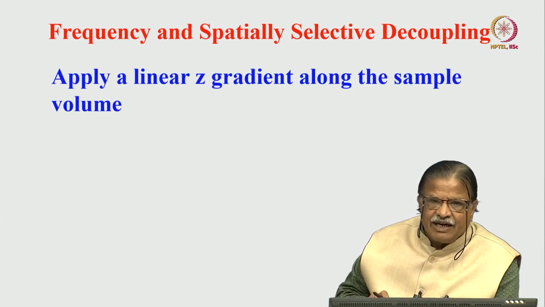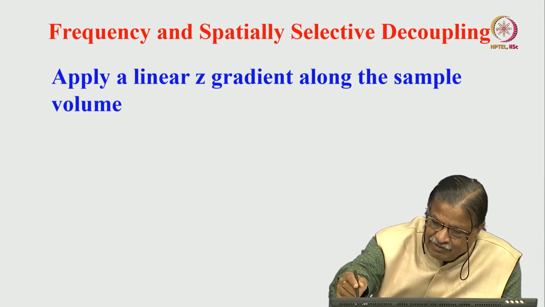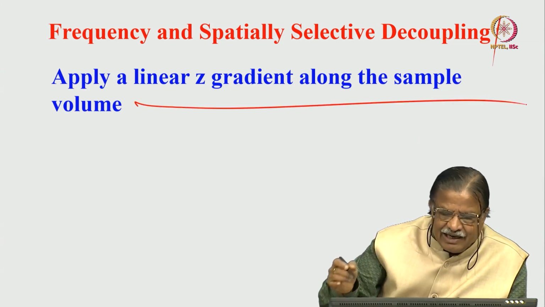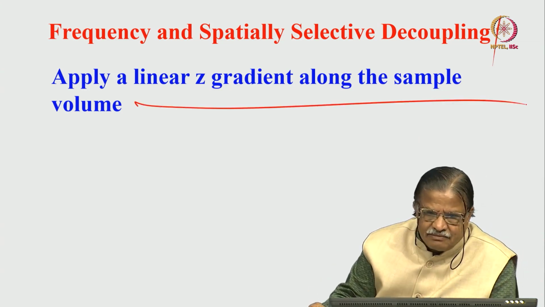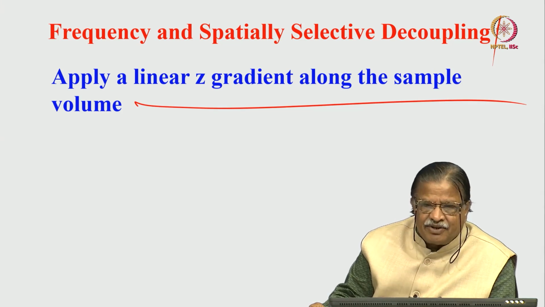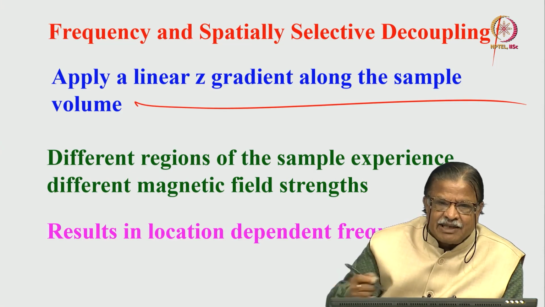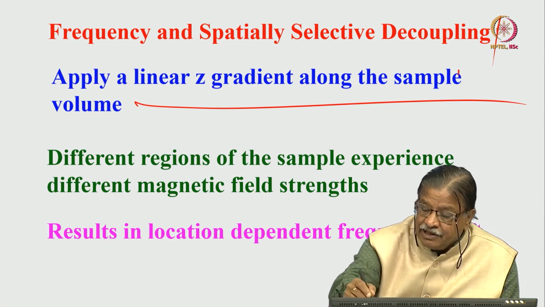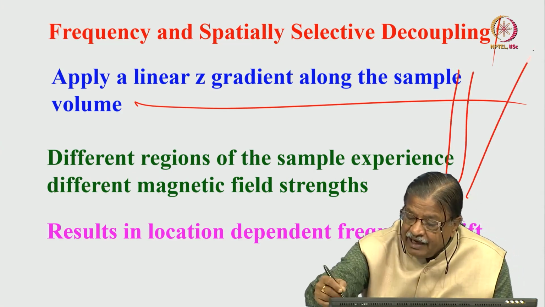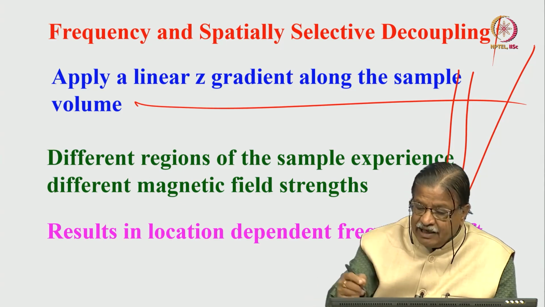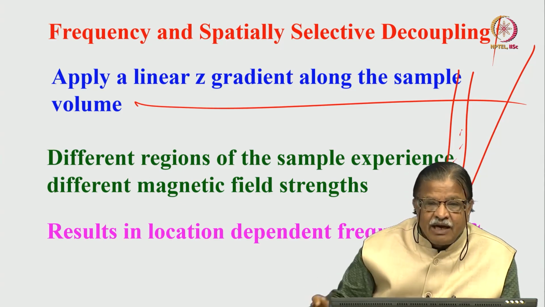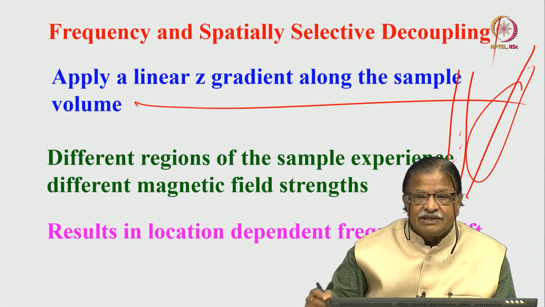The advantage of that is, in this experiment you apply a linear gradient along the sample. That is very interesting. When you apply a linear gradient, what happens? Different regions of the sample experience different magnetic fields. For example, this is your NMR tube. Apply a linear gradient along this axis. Then each part of the sample has a different magnetic field because there is a gradient.